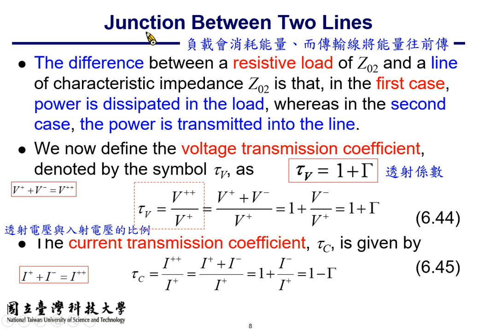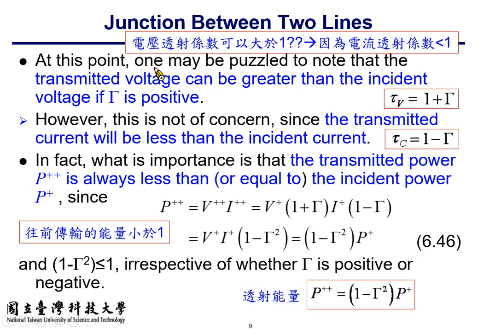For voltage, the transmission coefficient is 1 plus gamma. 有注意到哈？所以我们接下去看。So, have you thought about the problem: if the voltage transmission coefficient is 1 plus gamma, and we know gamma is a number, is the magnitude of gamma a real number or a complex number?